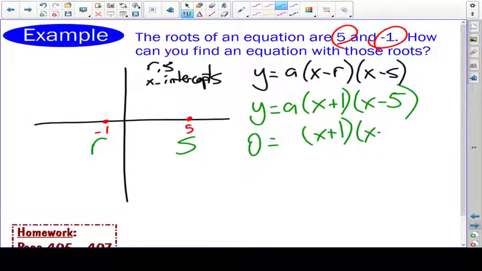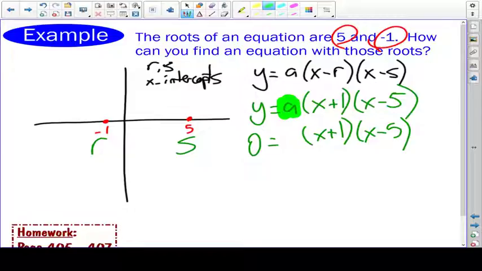And then I have to figure out what I want to make a equal to. But the cool thing about this question is it doesn't matter what a is. We can make a anything we want. I can leave it as 1. I could put a 2 here, I could put a -5, a 6/3, 7/8, whatever. It doesn't matter, as long as I don't put a 0. Zeros are bad, because 0 would make the whole thing gone.